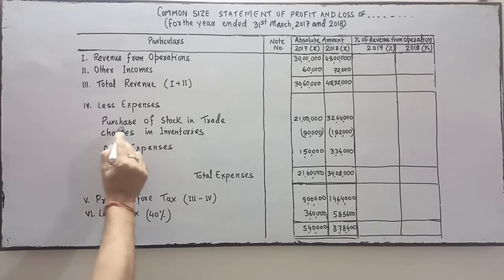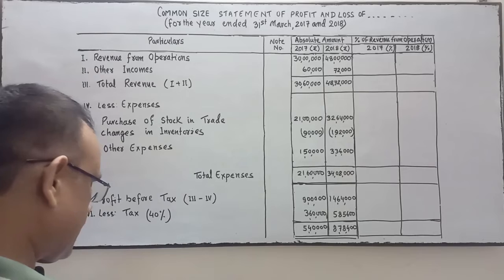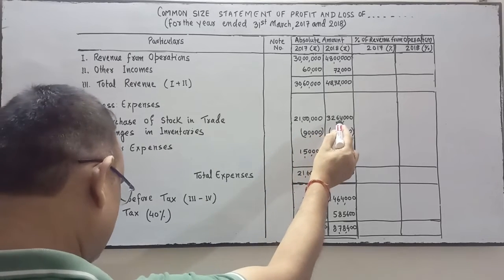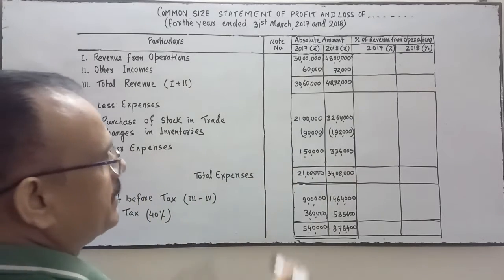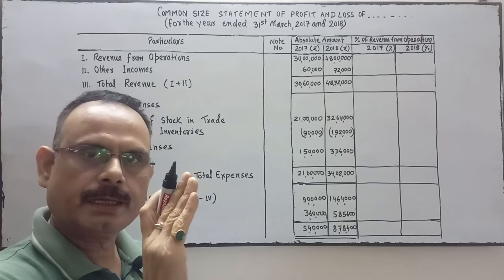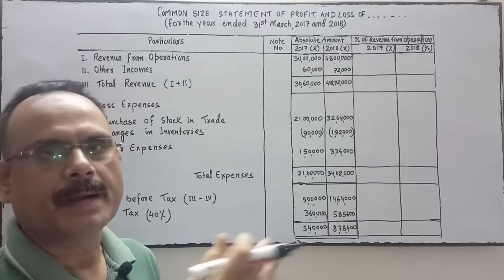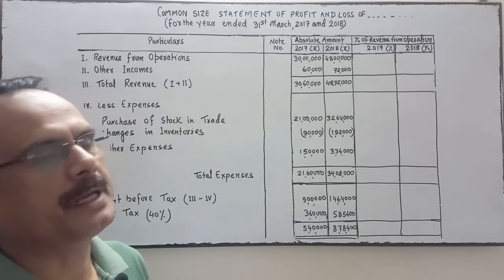Now less expenses: purchase of stock in trade in 2017 is 21 lakhs and here it is 32 lakh 64,000. Change in inventory is in minus. Minus means closing inventory is more than the opening inventory. If opening inventory is more than the closing inventory, then it is plus.